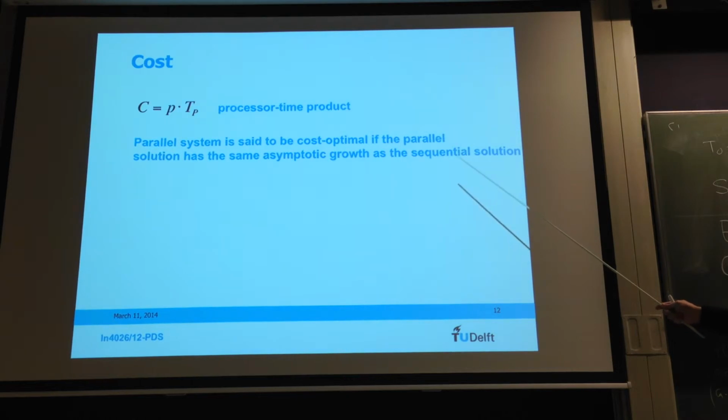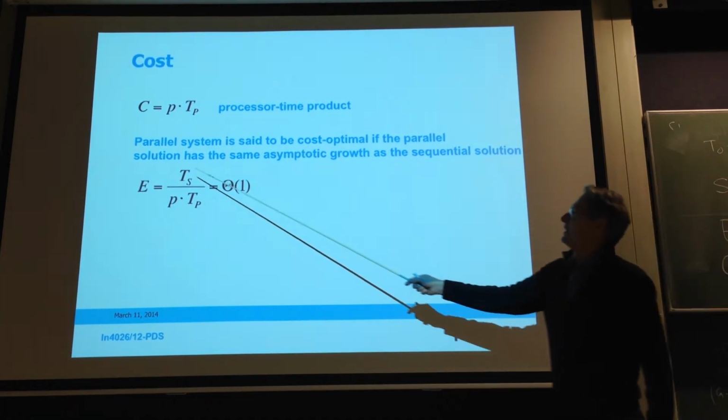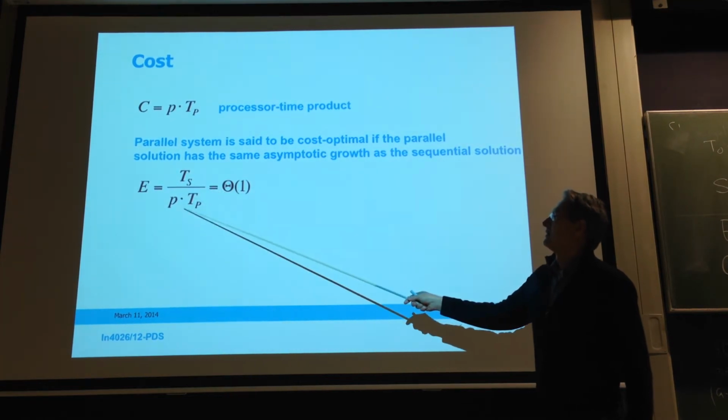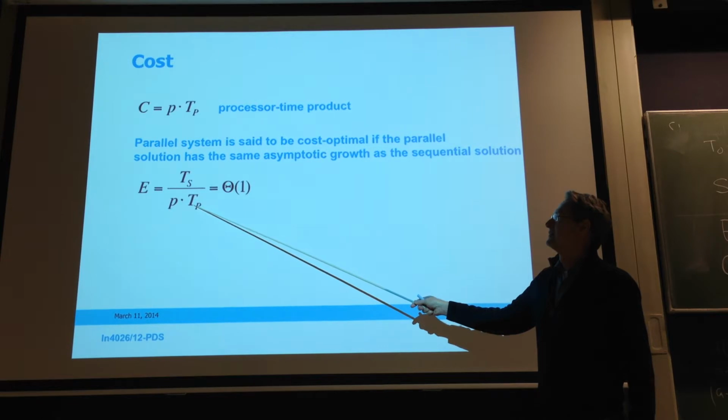A parallel system is said to be cost optimal if the parallel solution has the same asymptotic growth as the sequential solution. What does that mean? That means that these two need the same asymptotic growth, right?